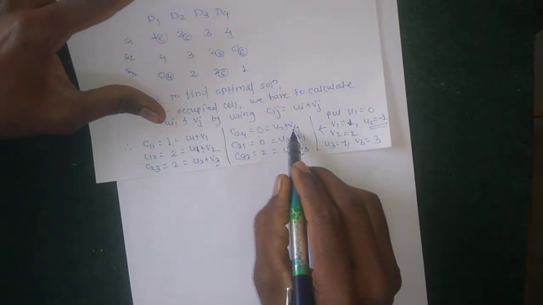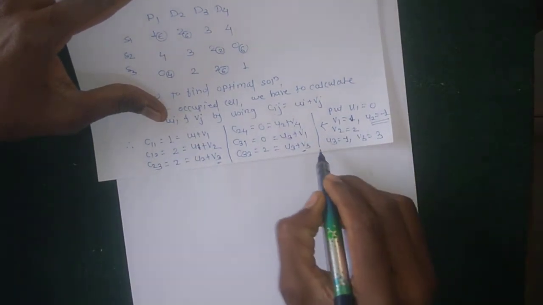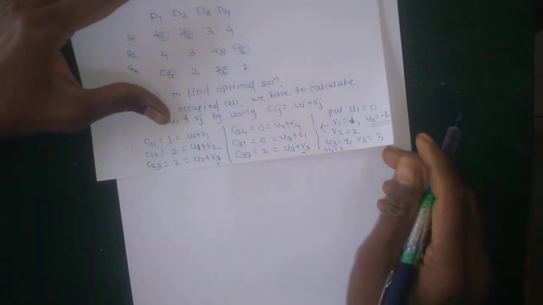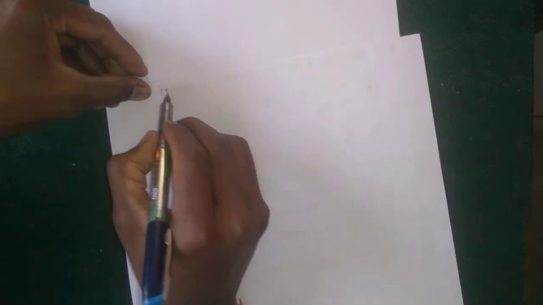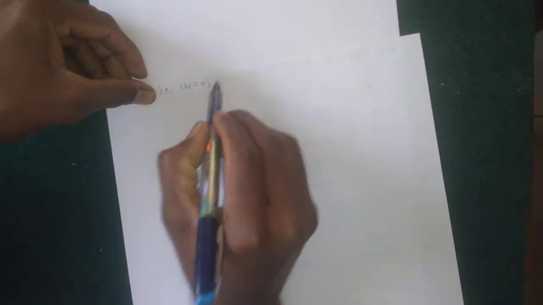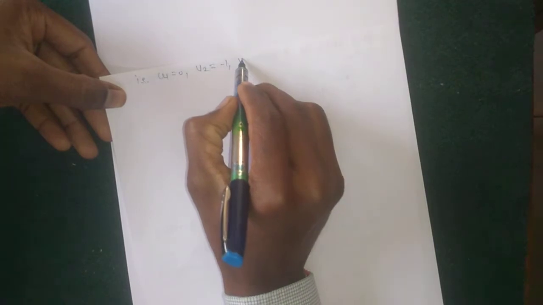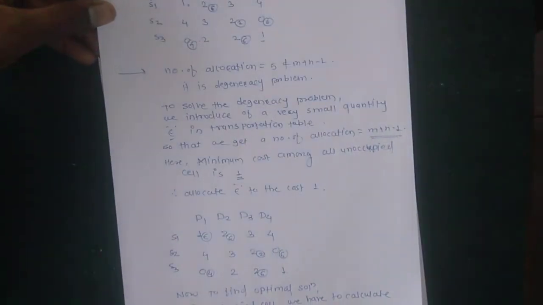Then the value of v4 is equal to 1. So here all values are 100. That is, u1 is equal to 0, u2 is equal to minus 1, u3 is equal to minus 1.